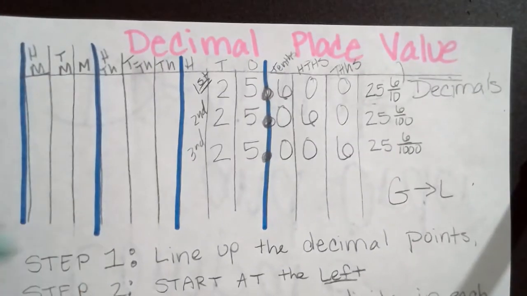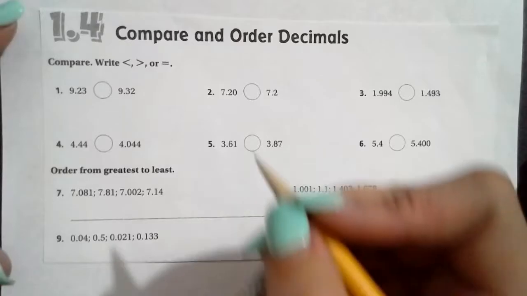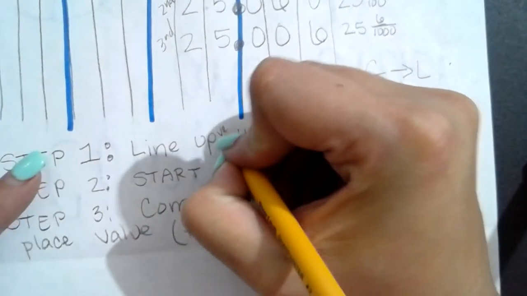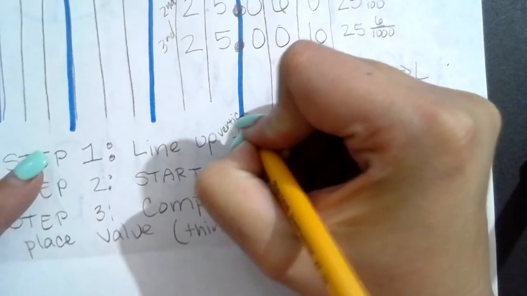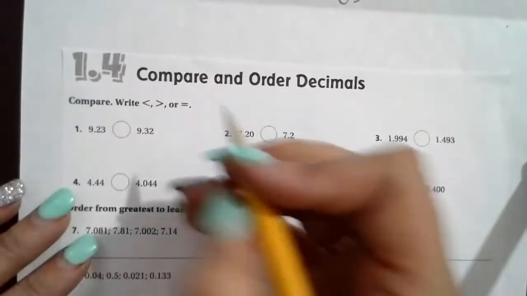So not hard. All right, we're going to go down here to the bottom now, and we're going to work those problems, okay? So I am going to do step 1. I'm going to line them up vertically right here. Forgot that? You're going to line them up vertically.